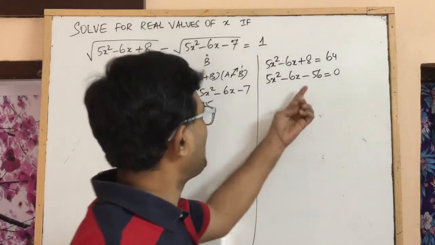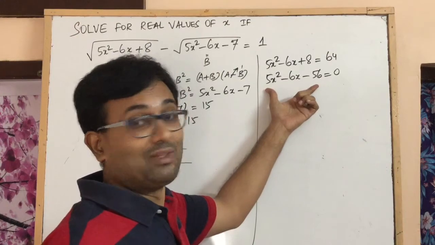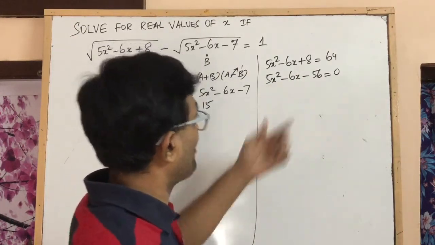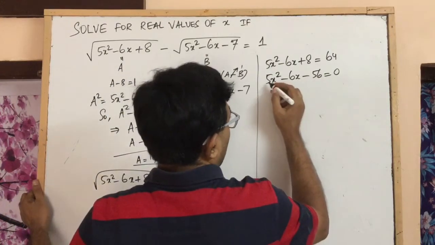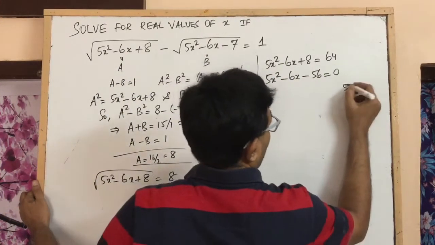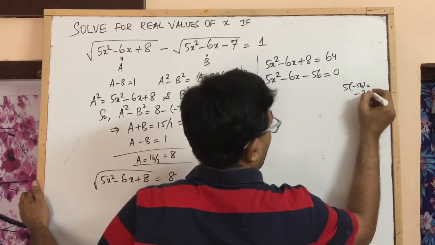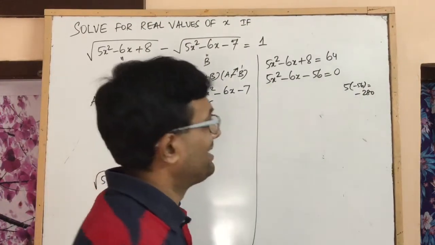So let's see if we can factorize this term. Those who are not comfortable with factorization could directly use the quadratic equation formula to find the roots. We are looking for two numbers whose product is 5 times minus 56, which is minus 280, and whose sum is minus 6.